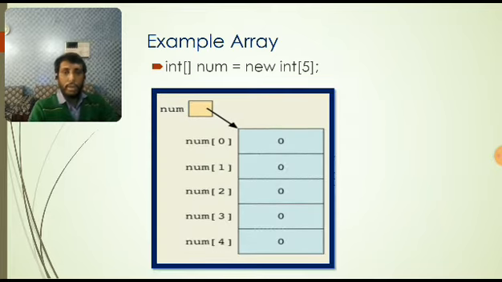Okay, so just look at this image, you can visualize how it is being created. The big bracket shows that we are going to take many elements, but here it is restricted. Here it is initialized by giving new int 5. That means this array will carry 5 values. So just look, num is empty now, and once it is designed, once it is initialized, then it is going to accept 5 values.